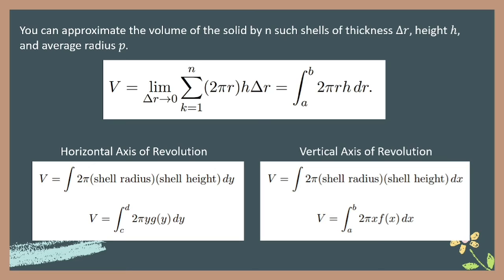Now we have the vertical axis of revolution. So we have V equal to the integral from a to b of 2 pi x times f of x dx. It is with respect to x when the axis of revolution is the y-axis.